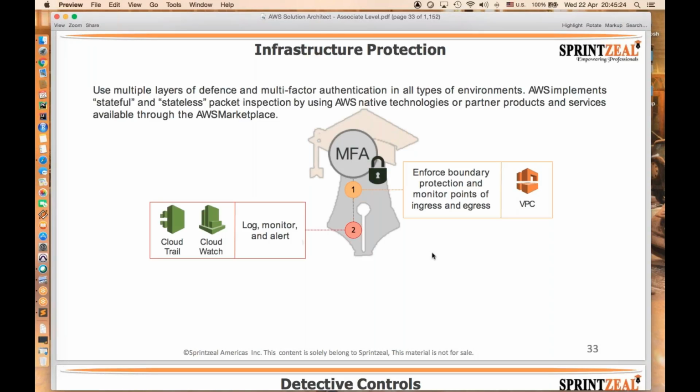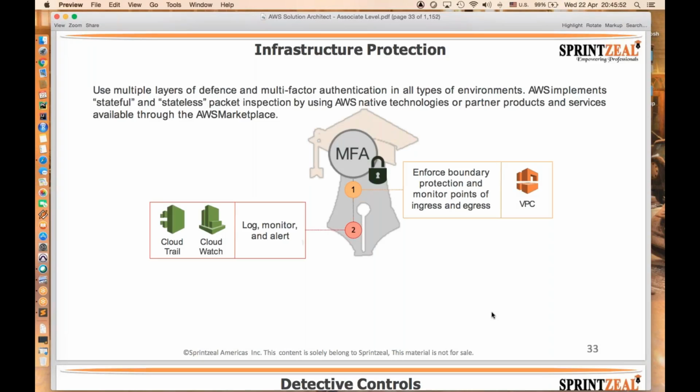Okay, coming to the infrastructure protection, we discussed the multi-factor authentication, right? So AWS will give the multi-factor authentication. Once you're logging into your AWS console, first of all you have to give your credentials, whether you're logging in with your super user or with the IAM user which you have created.